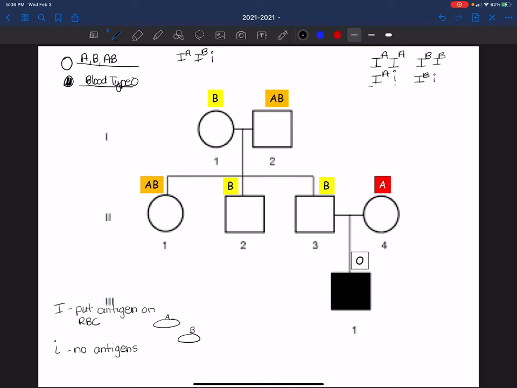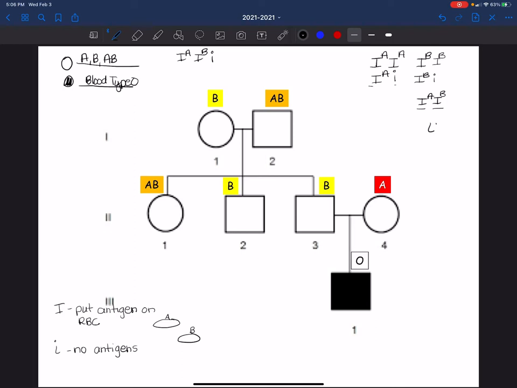Okay? Then for blood type AB, there's only one possibility. The person has one allele that's going to put A antigens on the red blood cell, and one allele that's going to put B antigens on the blood cell. So that's the only possibility for someone with blood type AB.